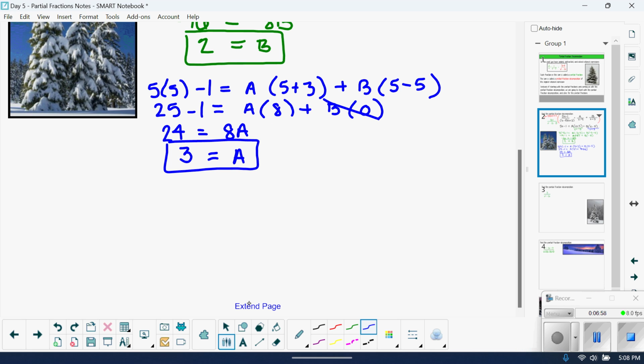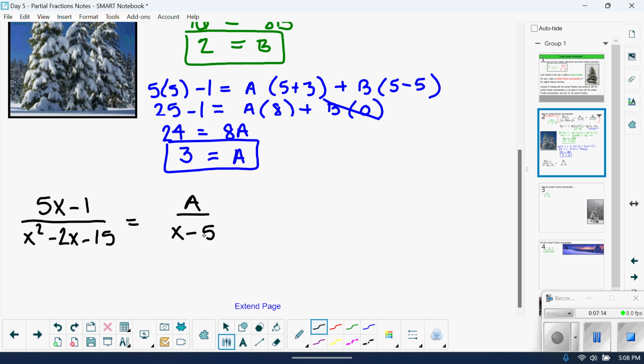So if we go back to our original problem here, we had 5x minus 1 over x squared minus 2x minus 15. And then we said it was a over x minus 5 plus b over x plus 3.